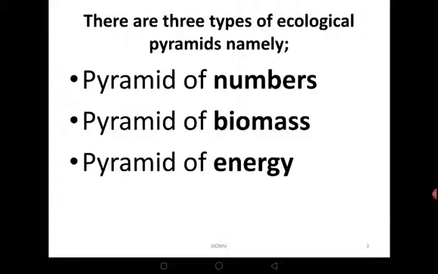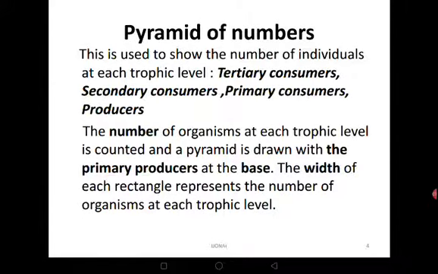So students, I want to welcome you to the pyramid of numbers. In a pyramid of numbers, this one usually shows the number of individuals at each trophic level. Yes, remember our trophic levels: the producers, the primary consumers, secondary consumers, and tertiary consumers.